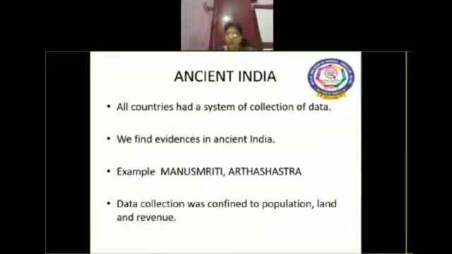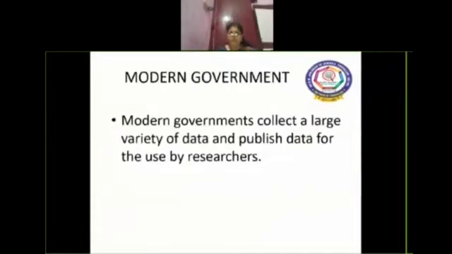But in course of time, as there were a lot of changes on the administration side and improvisation was needed, the scope of collecting data also increased. Now, modern governments also collect a large variety of data. They not only collect data, but also publish data for the knowledge of the public and for use by researchers.